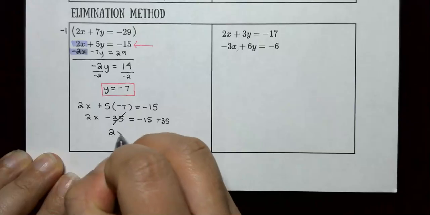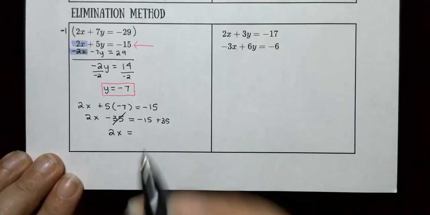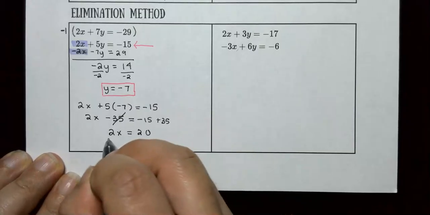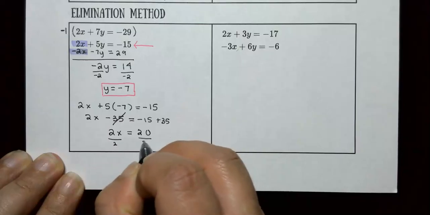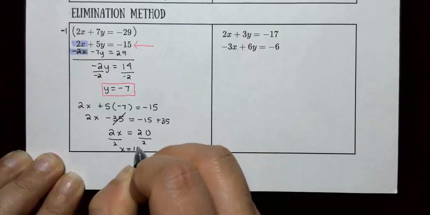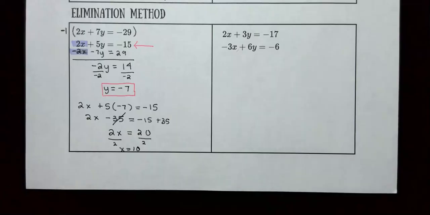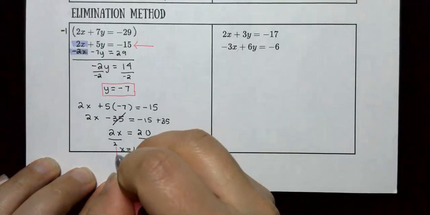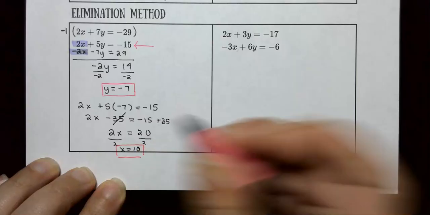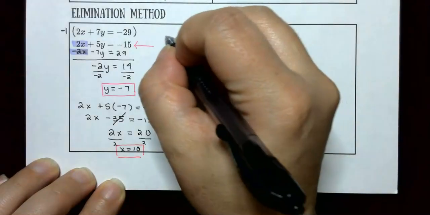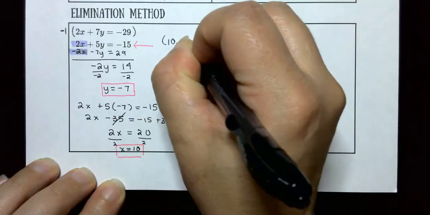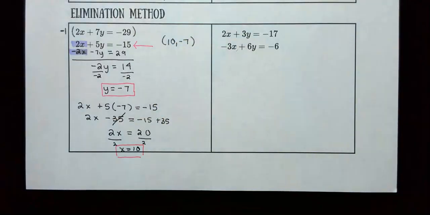So that's going to give me 2x is equal to 20. Divide both sides by 2, and we get x is equal to 10. So now I have an x and a y. I can write it as an ordered pair. So this is going to be 10, negative 7 as my final answer.